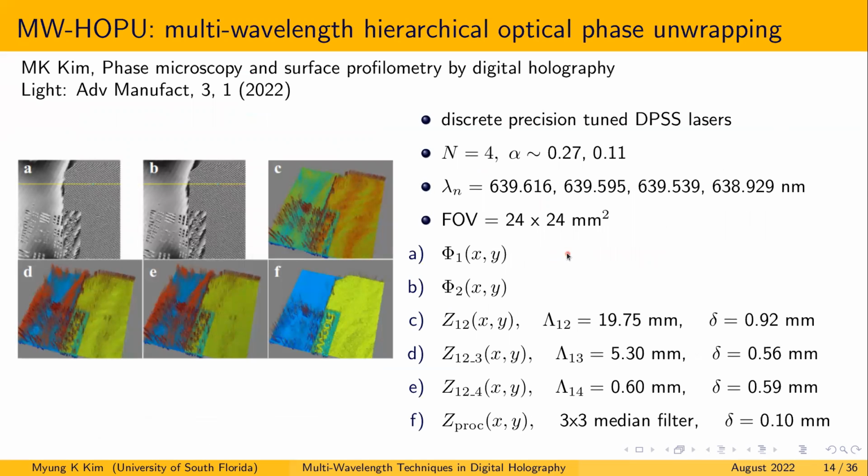This is another example of hierarchical OPU experiment where I have used 4 discrete precision-tuned DPSS lasers at these wavelengths. And the field of view is 24 by 24 millimeters squared.